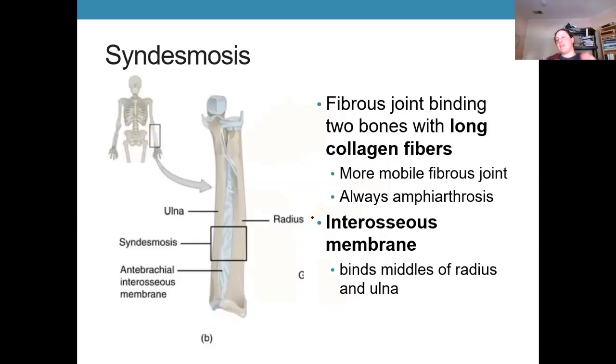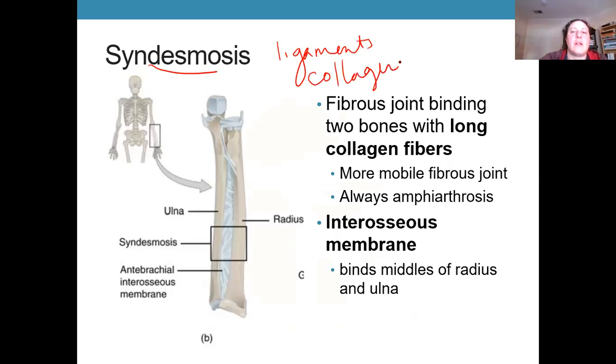So the last fibrous joint type is called a syndesmosis. This desmo, we use it when we want to talk about things like ligaments, and it typically refers to things that are rich in collagen fibers. So this is sort of our most generalized fibrous joint.